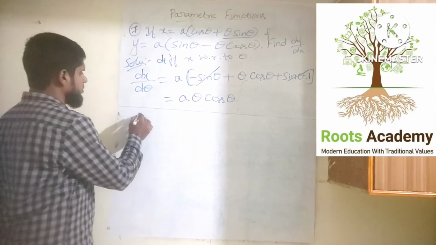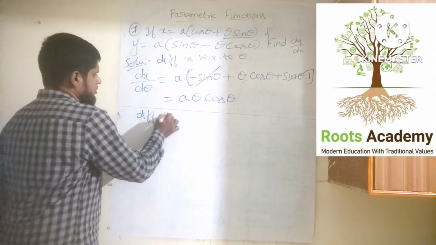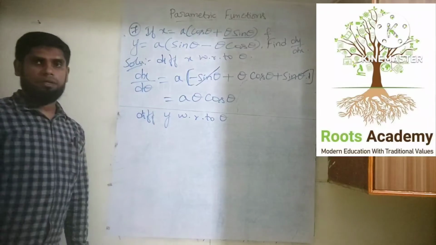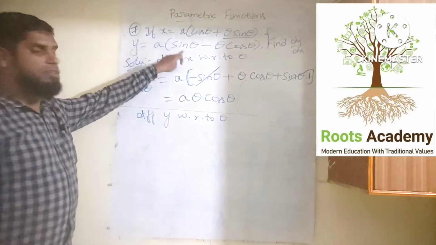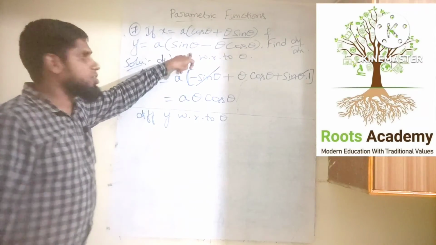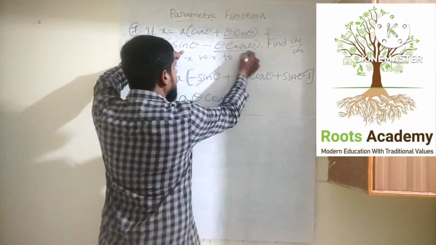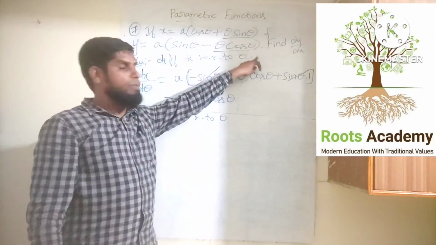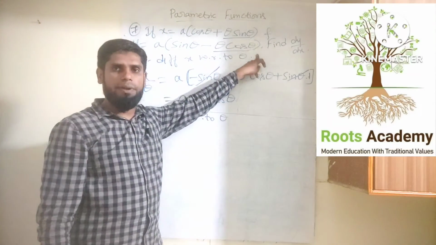And next, differentiate y with respect to theta. So here also in the y function there are two terms. The first term is direct differentiation, but for the second term we must use the product rule because two functions are multiplied here.